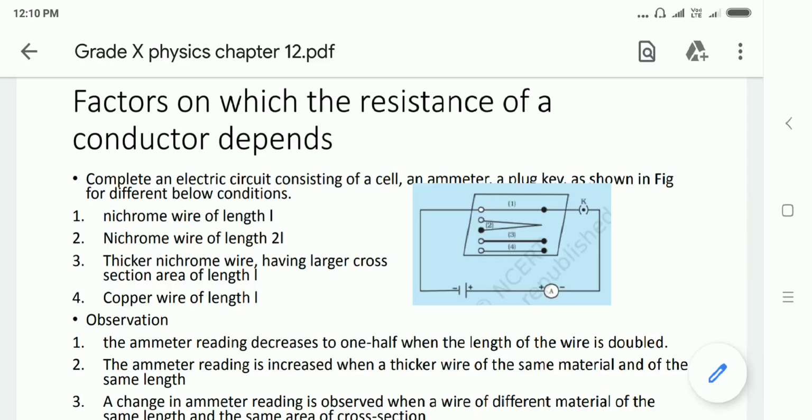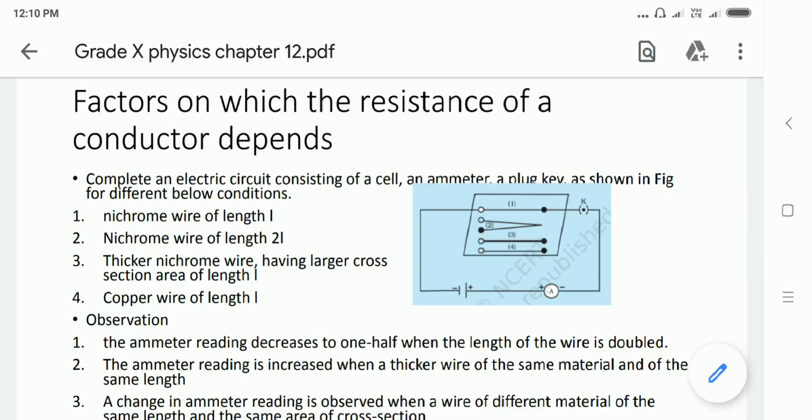So, based on this activity, we can get some observations. The first observation: the ammeter reading decreases to 1/2 when the length is twice. In the first case, we apply the nichrome wire with length L and read the current through the ammeter.